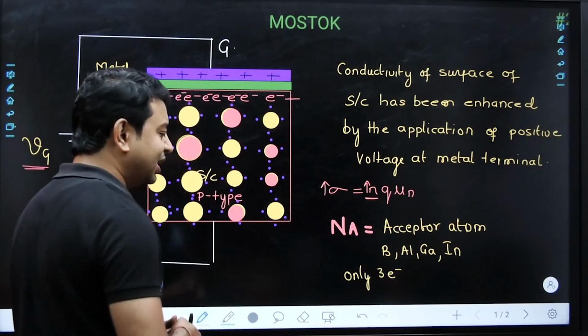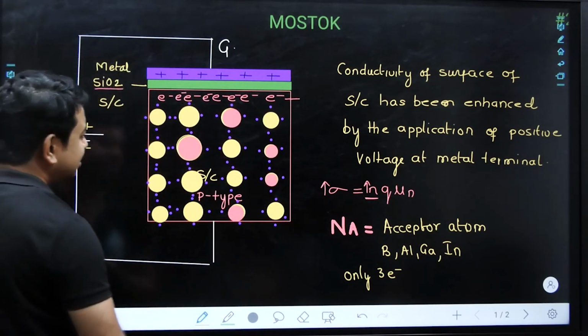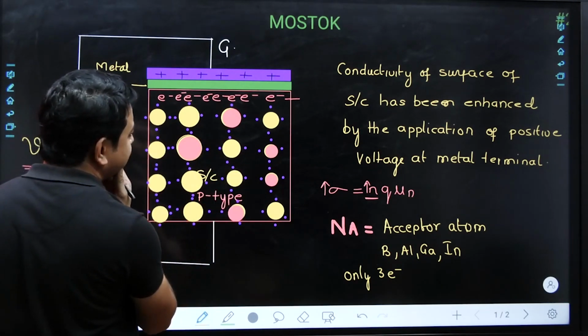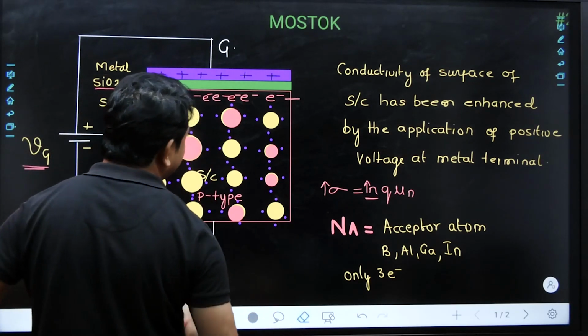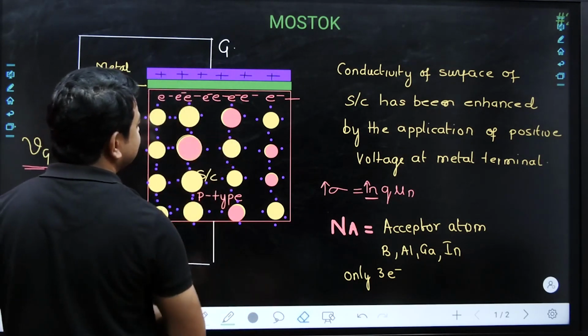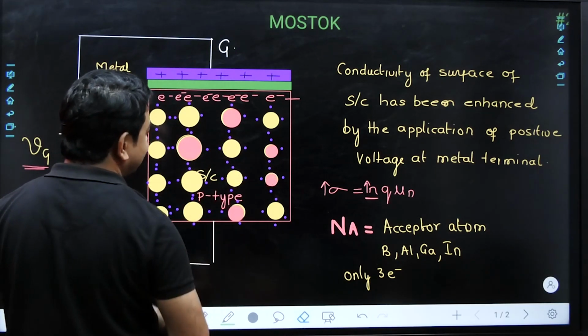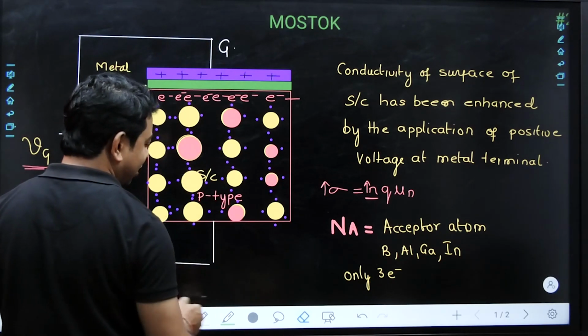Since the acceptor atoms have only 3 electrons in the outermost shell, wherever we replaced silicon atoms with boron atoms to keep the same tetrahedral structure, I removed one electron from there. I removed 1 electron from here, and from here, and from here.